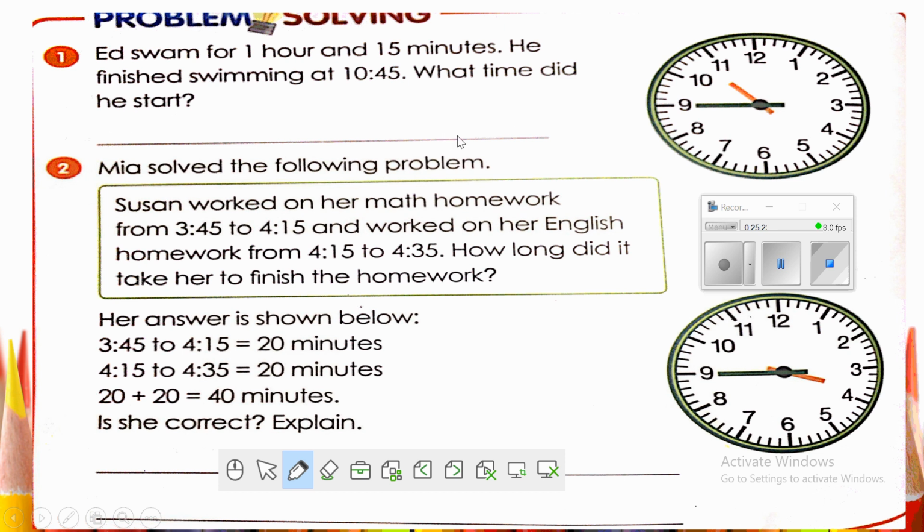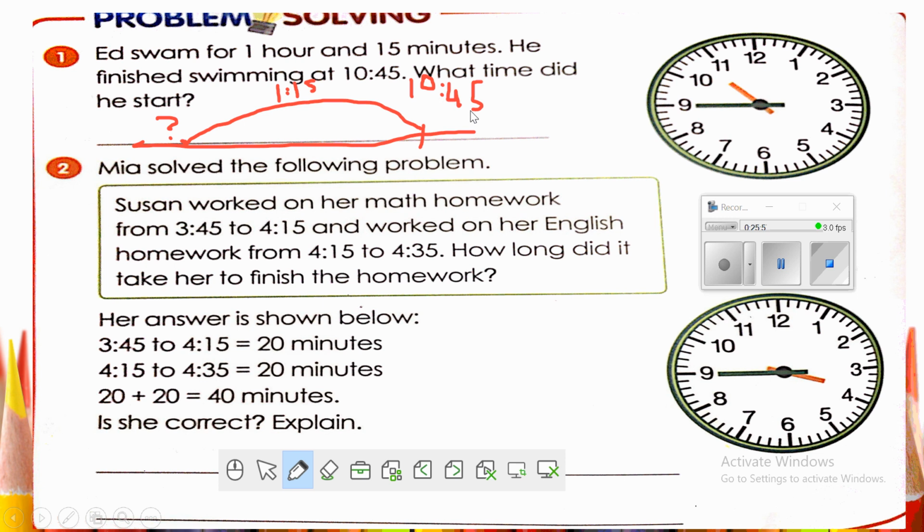So I have to make my number line. He finished. The ending is at 10:45. Okay? He swam for 1 hour and 15 minutes. What's the starting time?